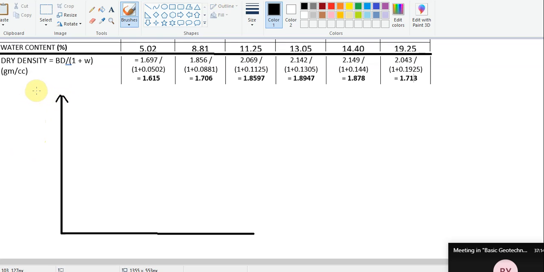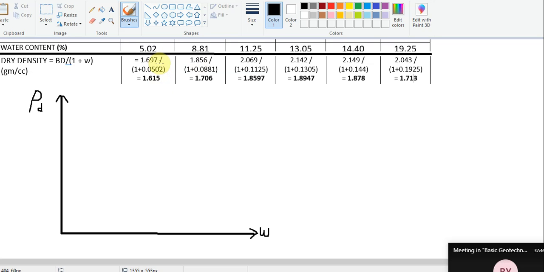Sorry, the y-axis is dry density and the x-axis is water content. Now how to take the scale. The x-axis is not a problem.